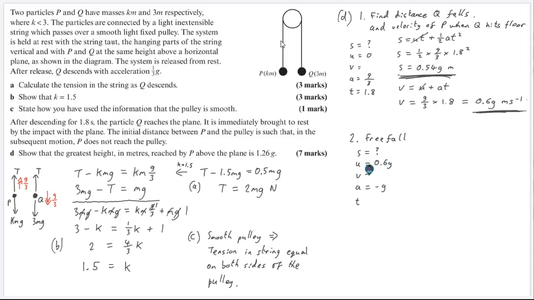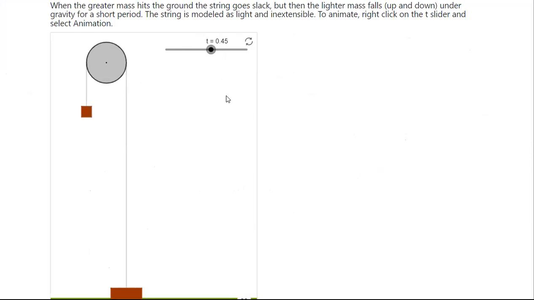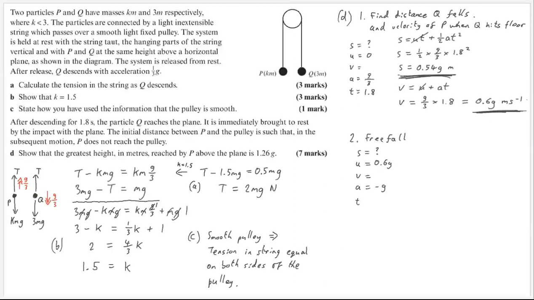V, well, this is for us to decide. We're interested in the greatest height of the object, and that is when it's got 0 velocity, when it just stops for an instant. So V is 0. And this time T we're not interested in at all.